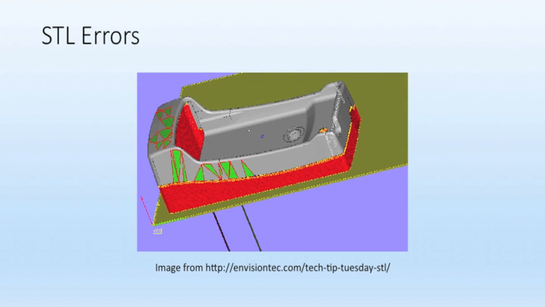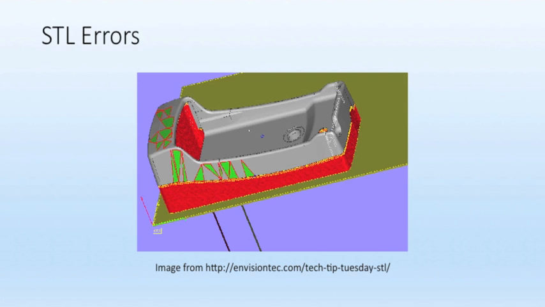So on this slide, you can see what it would look like on a typical software that repairs STL files. You can see that there are green triangles on this gray part model. Basically these green triangles could be the repair that the repair software did for you to make sure that your STL file is free of any defects.